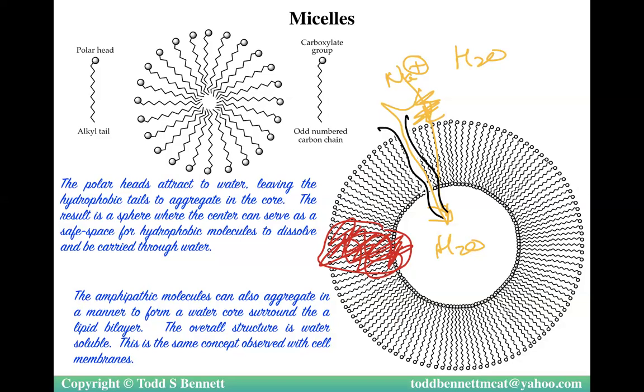If you've ever heard the term LDLs, low density lipoproteins, those are basically very large esters. They have the protein on one end, and lipo means the lipid end. These molecules aggregate like a micelle, and they can transport molecules such as cholesterol through the bloodstream. So high cholesterol and high LDL go together because cholesterol can't move naturally through the body.